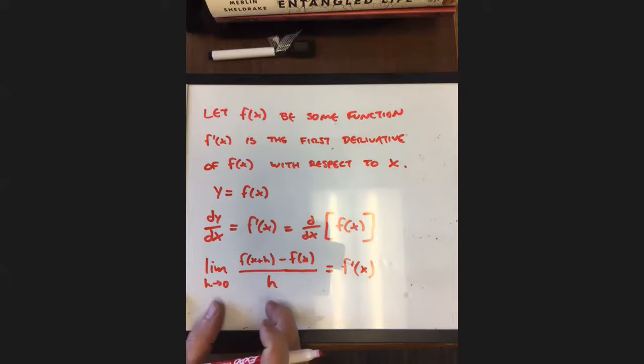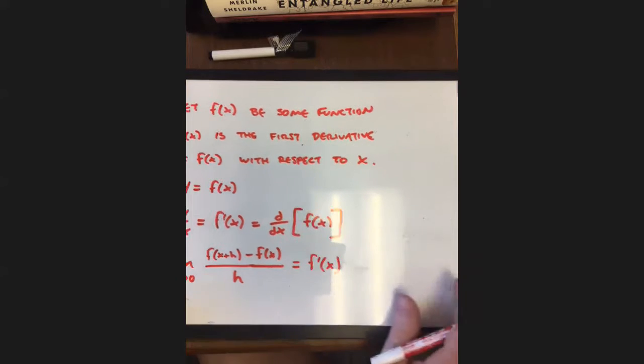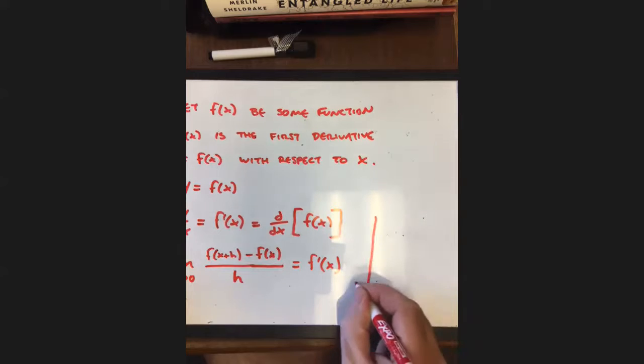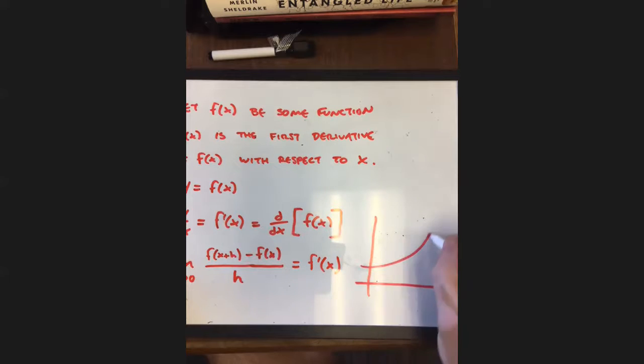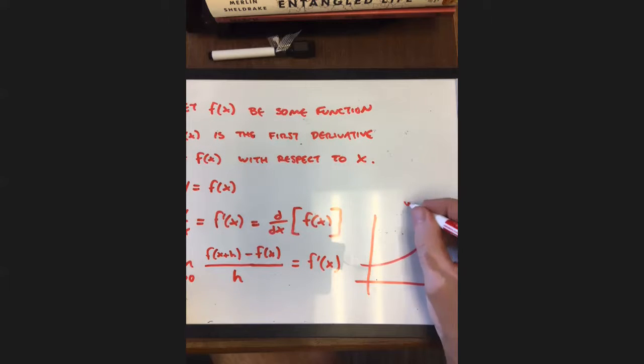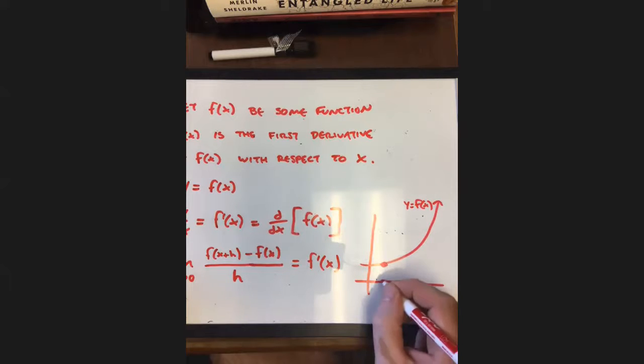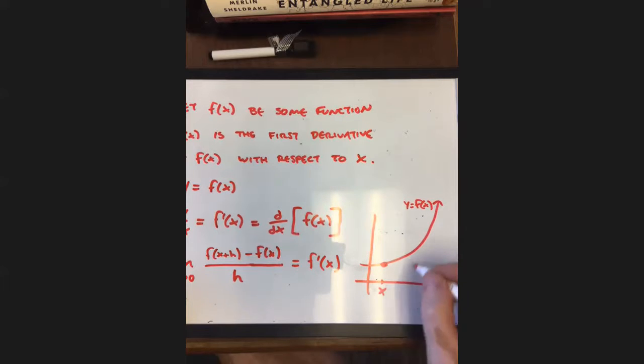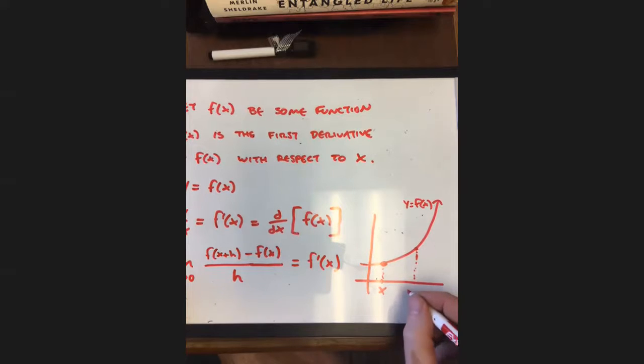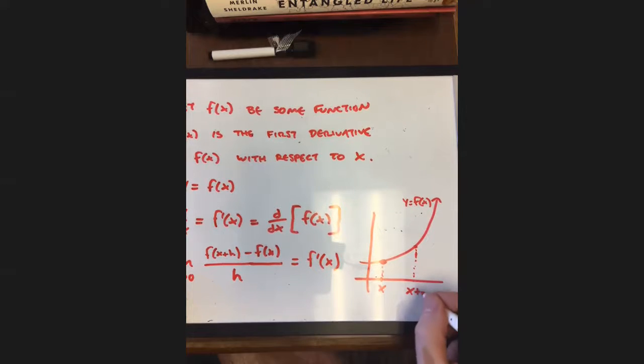H is the horizontal distance between these 2 points, and I'll just illustrate that over here in a small diagram. So here's some function f equals f of x. Here is some point x, and then if we move horizontally by h units, we'll end up at the x-coordinate x plus h.